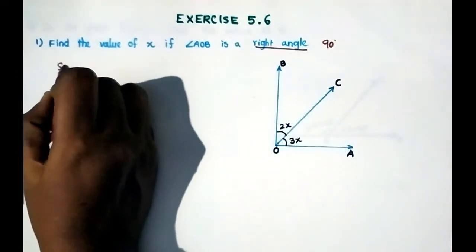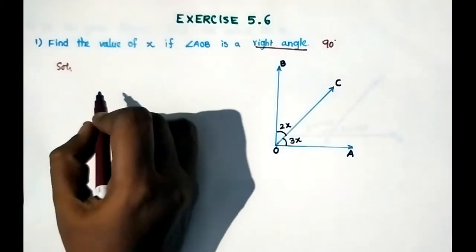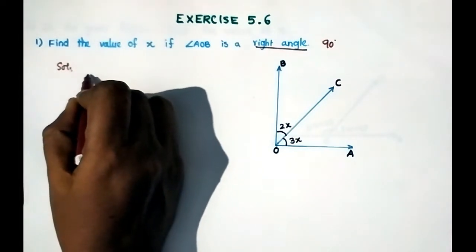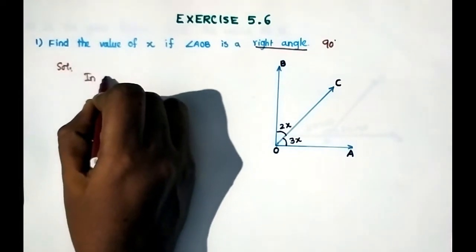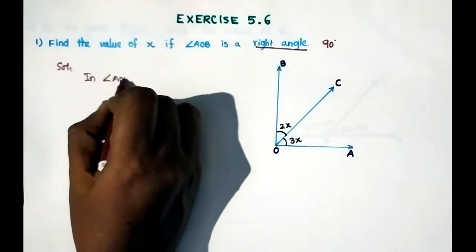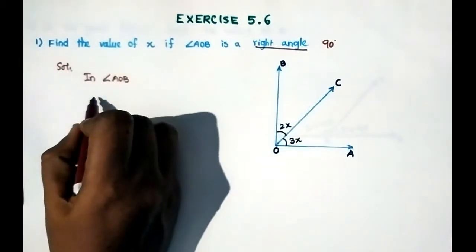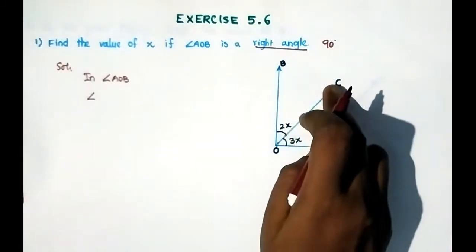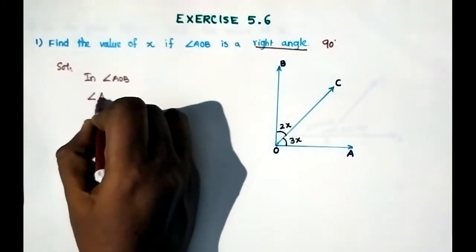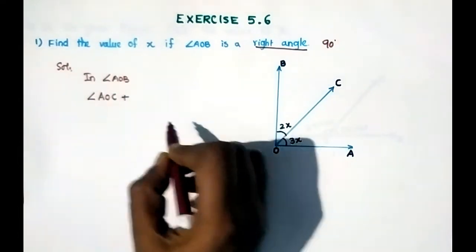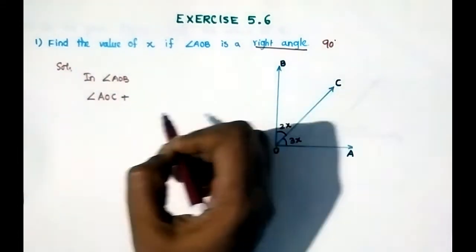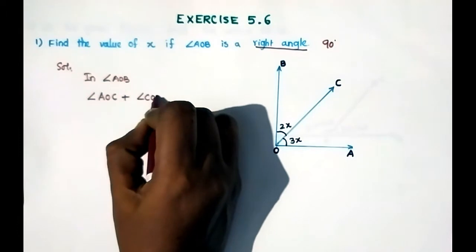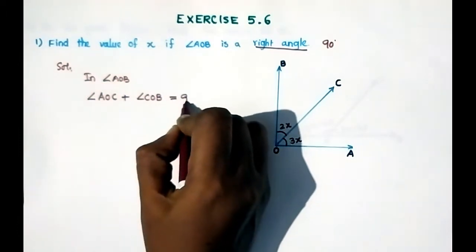So listen. In angle AOB, angle AOC plus angle COB equal to 90 degree.